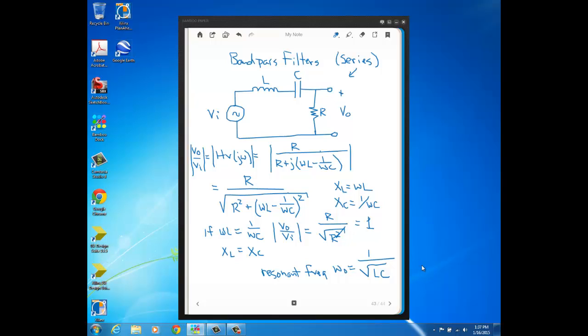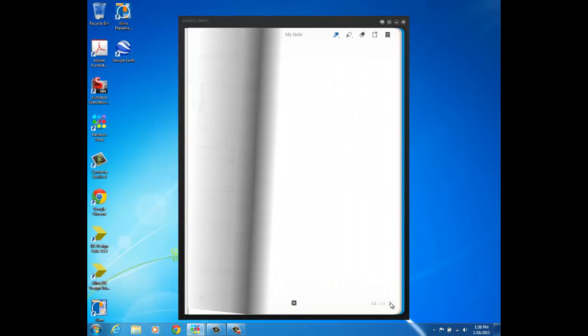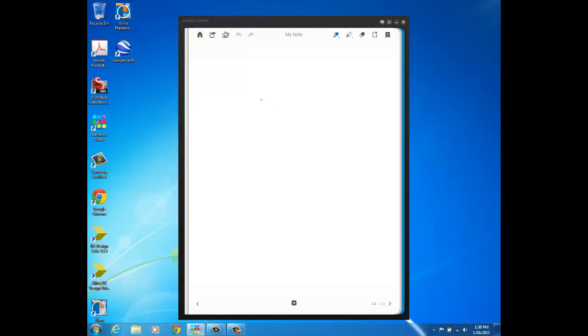So you see when omega is equal to 0, that would lead to the frequency response equation magnitude equaling 0.